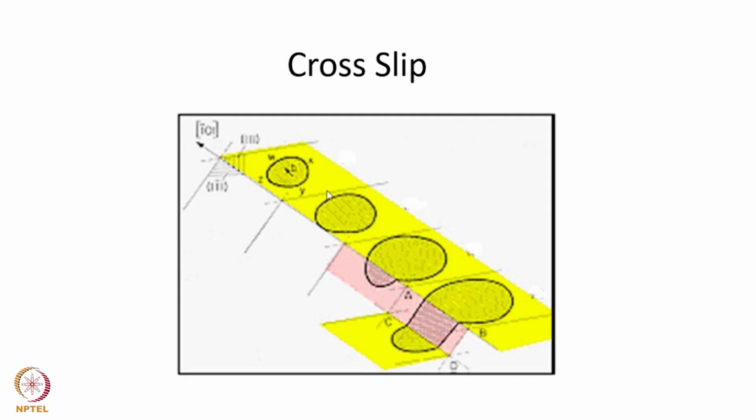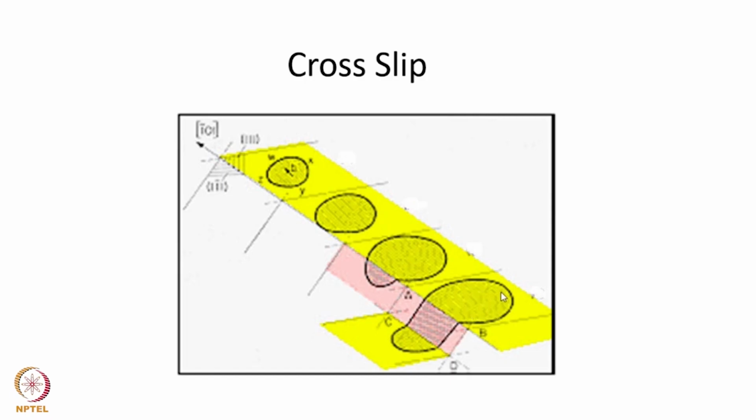So you can see as the dislocation moves along this particular plane, it can go to another plane like this, it can cross over to another plane having the same slip direction, and then it can go to another plane again if there is a common slip direction between the second plane and the third plane. Okay, so this process of the dislocation crossing over to another slip plane having a common slip direction is known as cross slip. And this is a process which can actually aid the dislocation movement, right?